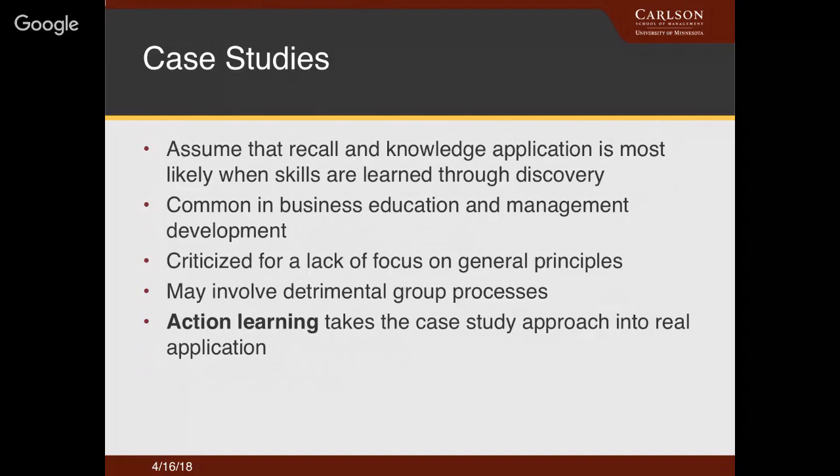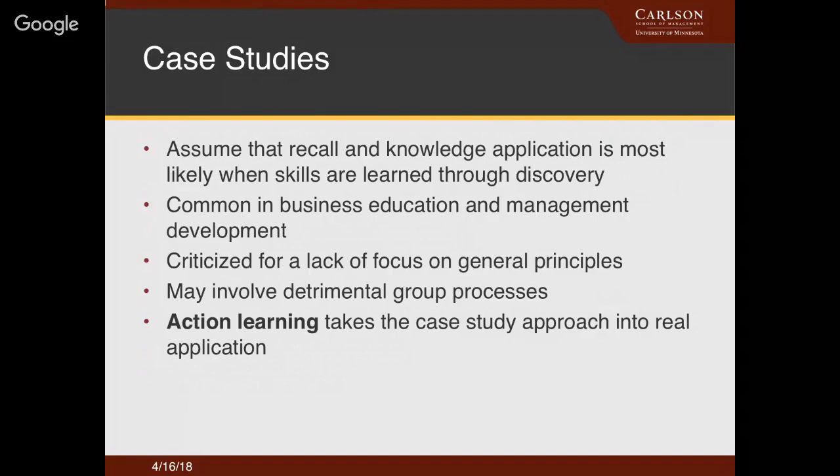These may involve also detrimental group processes. So, as many of you know, group work has some potential advantages, but also has some potential disadvantages: group polarization, groupthink, social loafing, all of those kind of problems.